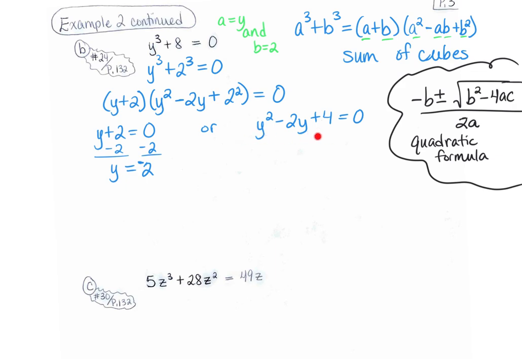What is our a from this part? A is what? No, it's not y. Let's remind ourselves that the standard form is ax squared plus bx plus c equals 0. Let me put it in a different place so you don't confuse what it is.